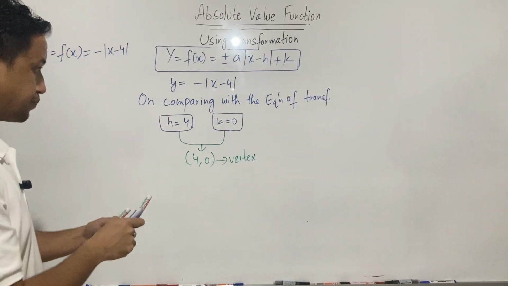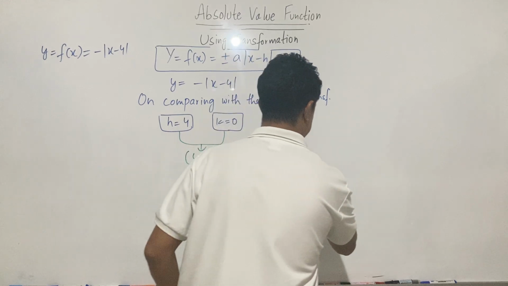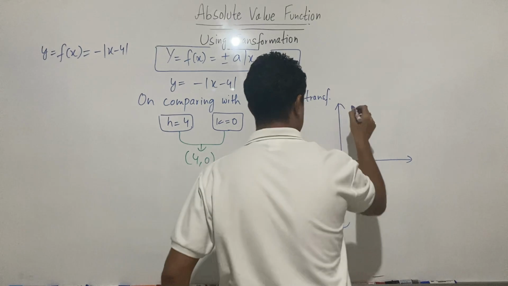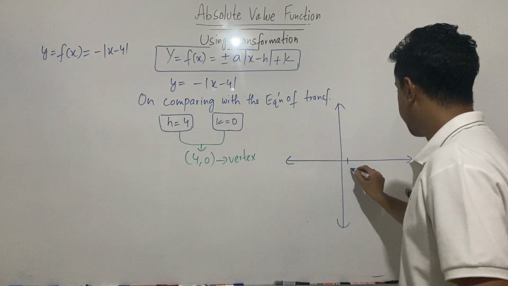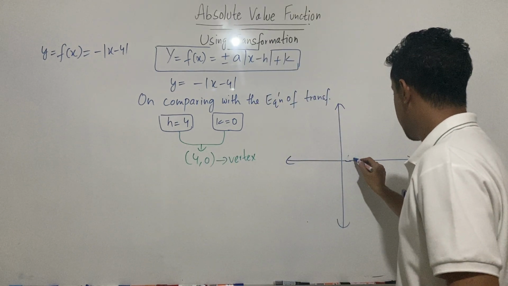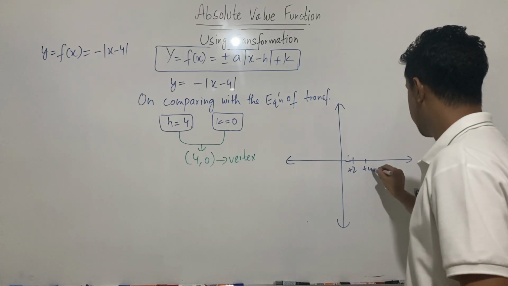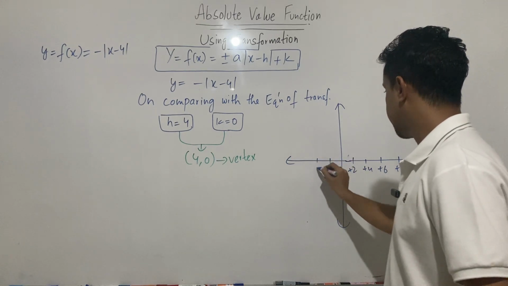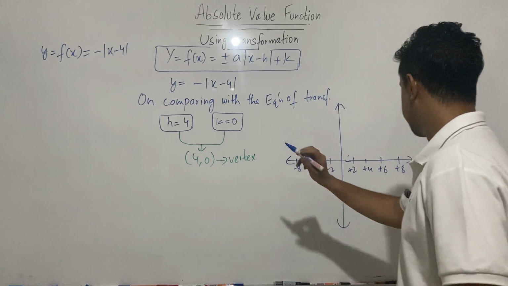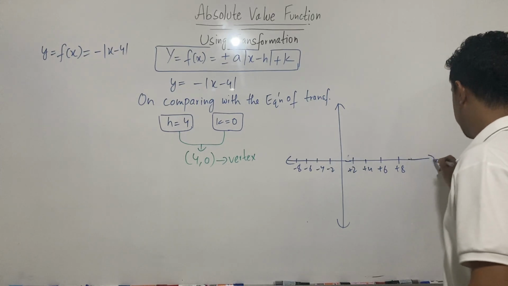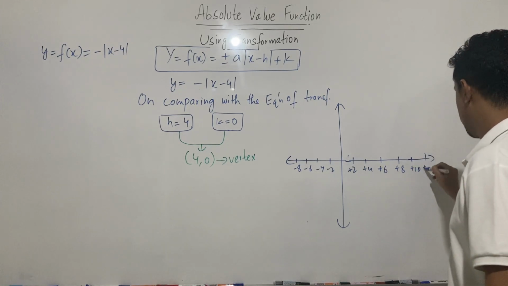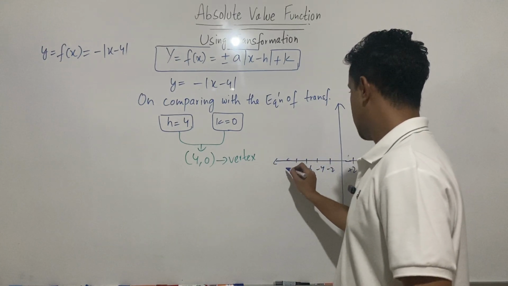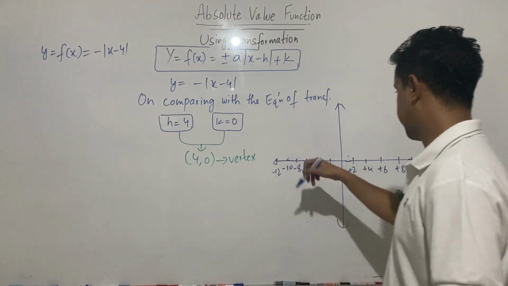Okay, so let's sketch the graph. Here, positive 2, positive 4, positive 6, positive 8, negative 2, negative 4, negative 6, negative 8, positive 10, positive 12, negative 10, negative 12.